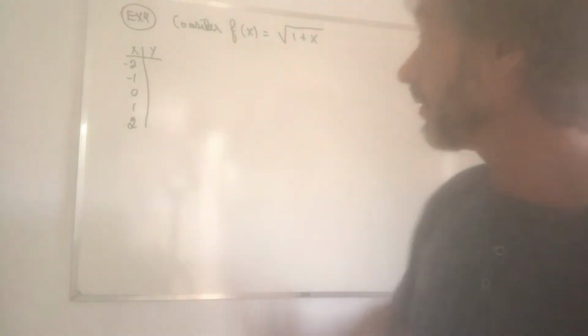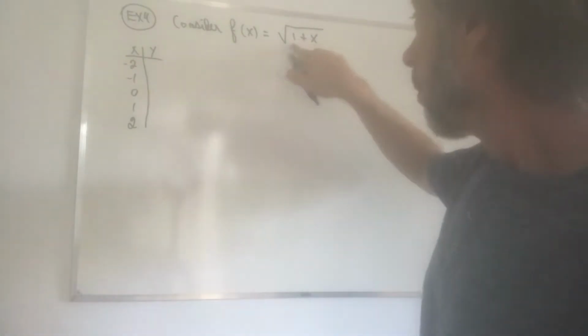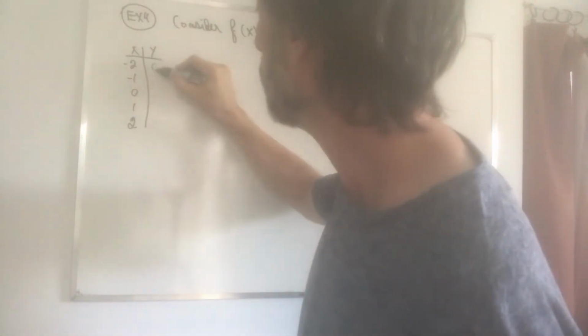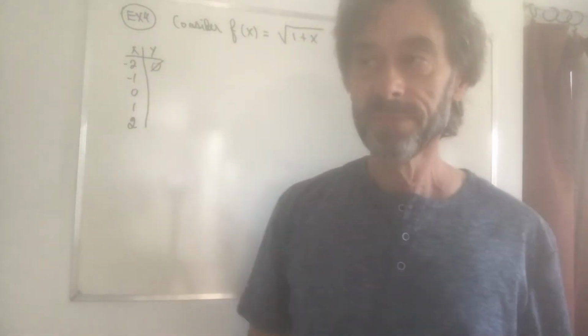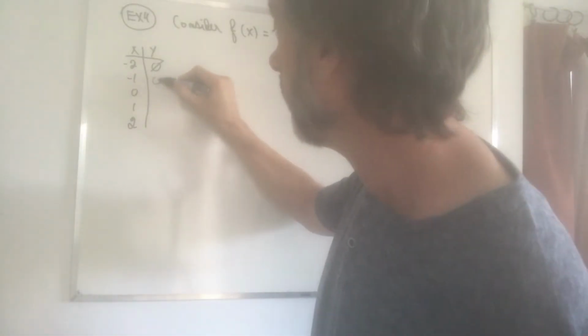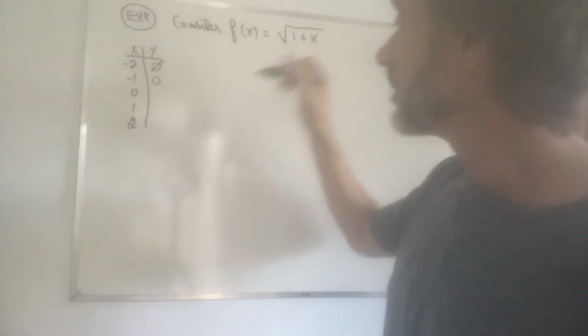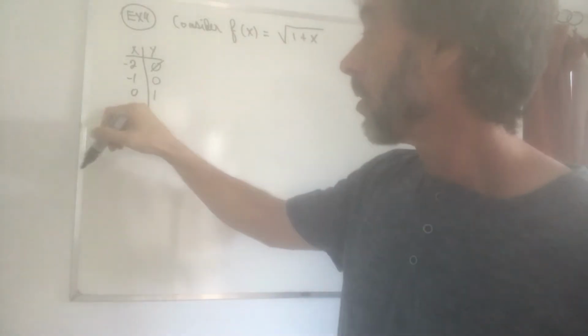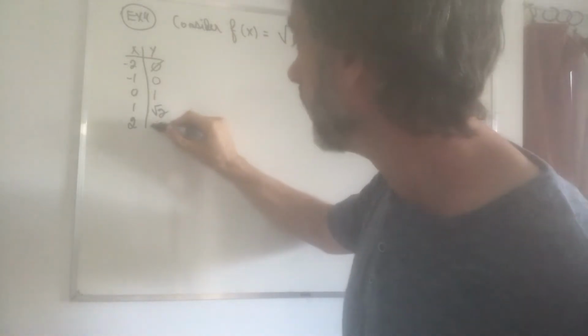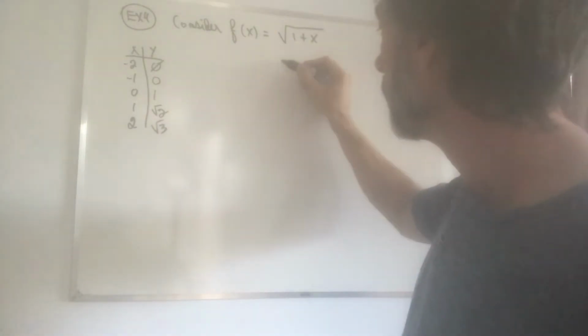You take a table of values and you put them in. 1 plus -2 is -1. Uh-oh, the root of -1, no such value, empty set. -1 plus 1, 0, root of 0. Okay, we got a value here. 0 plus 1 is 1, root of 1 is 1. 1 plus 1 is 2, root 2. 2 plus 1 is 3, root 3.